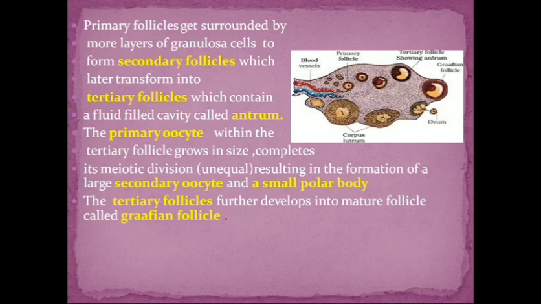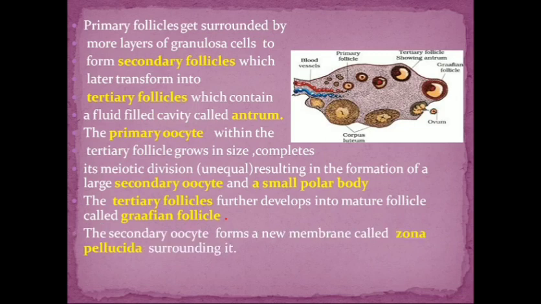Now, the primary oocyte is diploid in nature, but a secondary oocyte is haploid in nature. So inside a Graafian follicle, we find a secondary oocyte and a small polar body. This polar body later degenerates. Nothing much is known about what happens to this polar body. But the secondary oocyte will be inside the mature Graafian follicle.